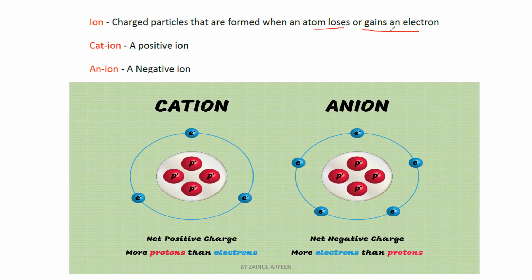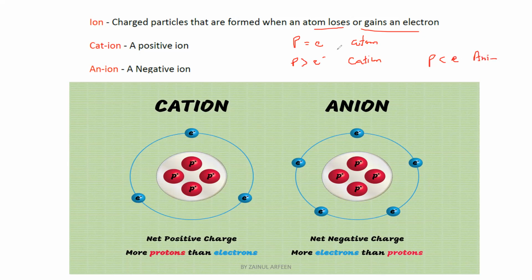Atoms can lose electrons, atoms can gain electrons, so what will it form? It will form an ion. If we have an equal number of protons and electrons, we call that an atom. But if we have more protons than electrons, we call that a positive ion, also known as a cation. If we have more electrons and fewer protons, then we call that an anion.